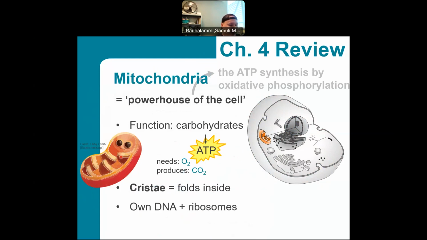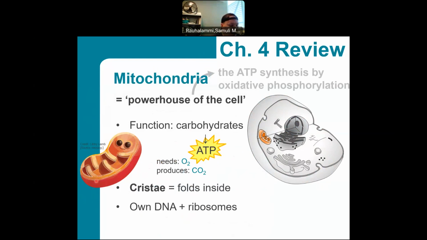This process happens at the mitochondria, requires oxygen, and produces carbon dioxide as a byproduct. For the longest time, we thought that all of the production of ATP happened in the mitochondria, but we're finding out that it happens also in other parts of the cell, but mainly still within the mitochondria.